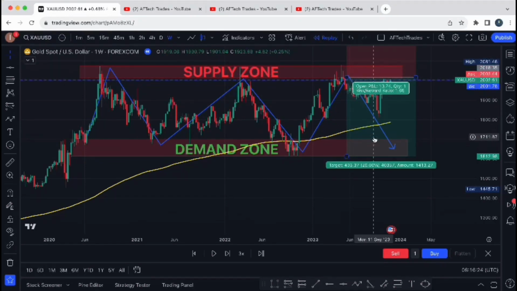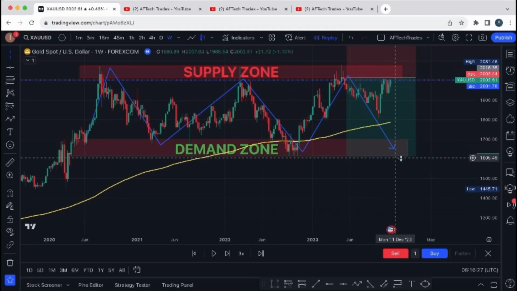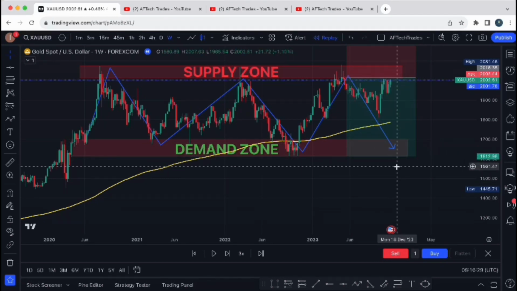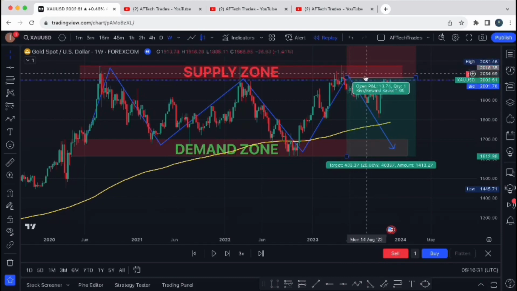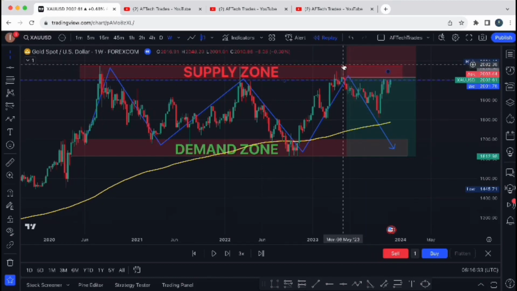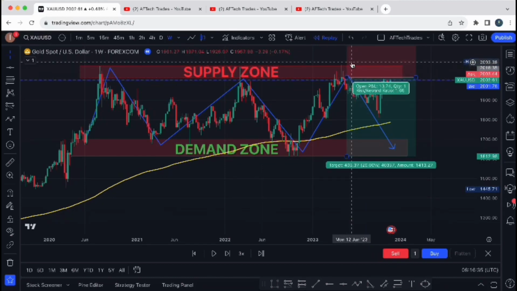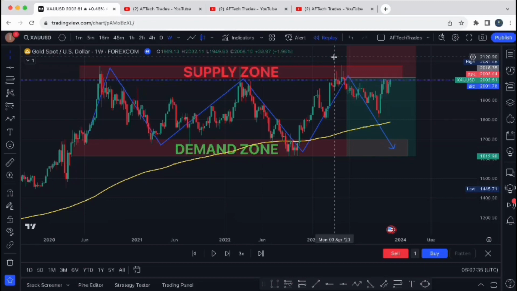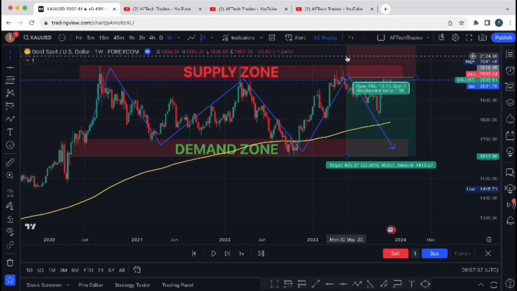If you are in a buy market, your stop loss will be below your demand zone. Either way, just make sure you always use your stop loss in order to minimize your loss in case the trend is going against you or there's a change of trend. Your stop loss will take you out of the market to minimize your loss.